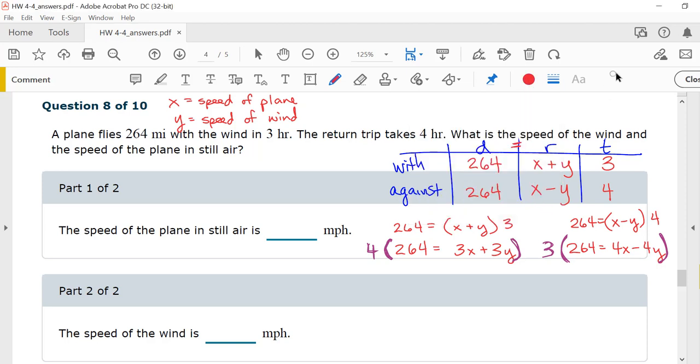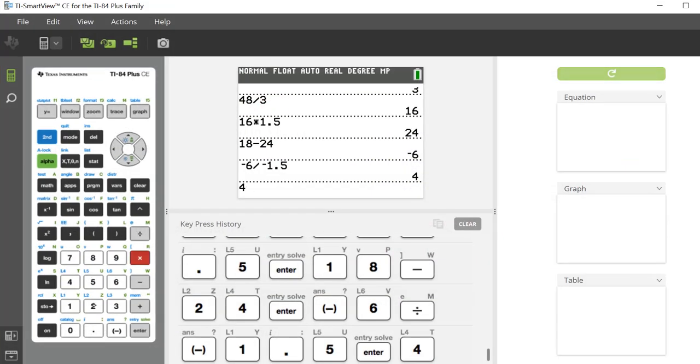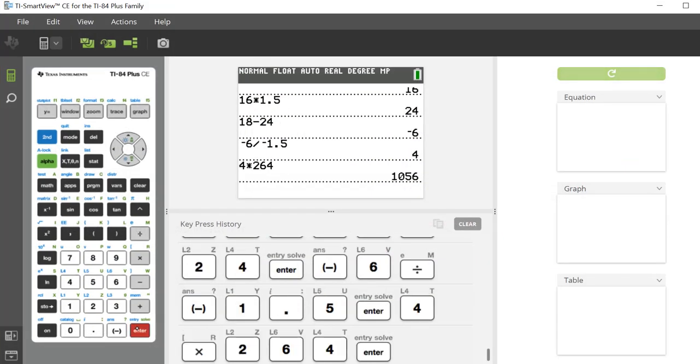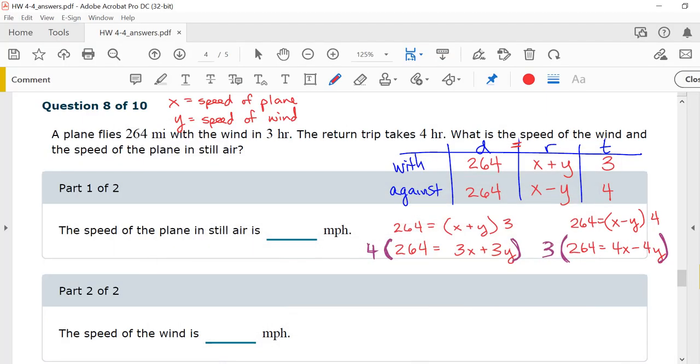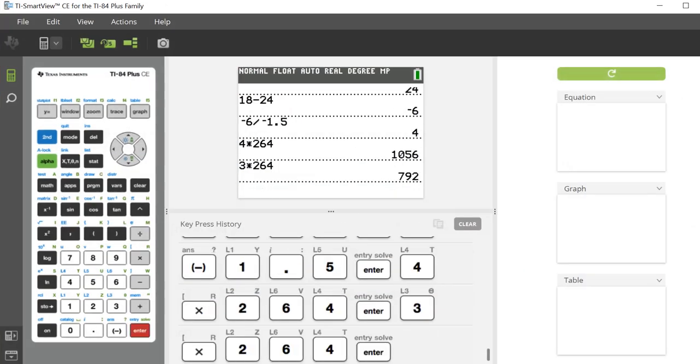All right, let's multiply. 4 times 264 is 1056, equals 12x plus 12y. For the second equation, 3 times 264 is 792.